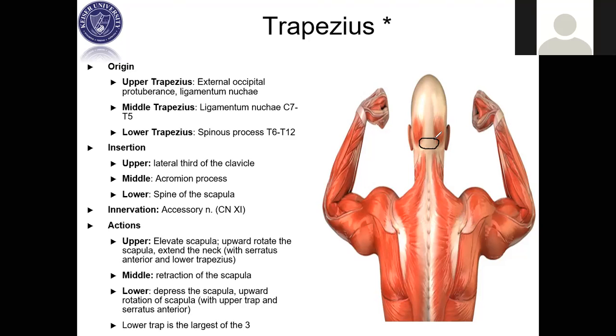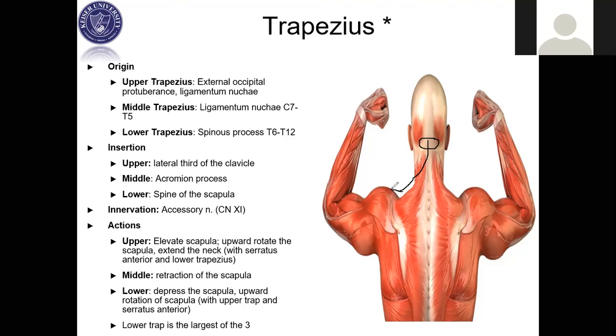So the upper trapezius starts at the external occipital protuberance. Again, the ligamentum nuchae also, remember that's that ligament. I'm not worried about that. External occipital protuberance, and it inserts onto the lateral third of the clavicle.